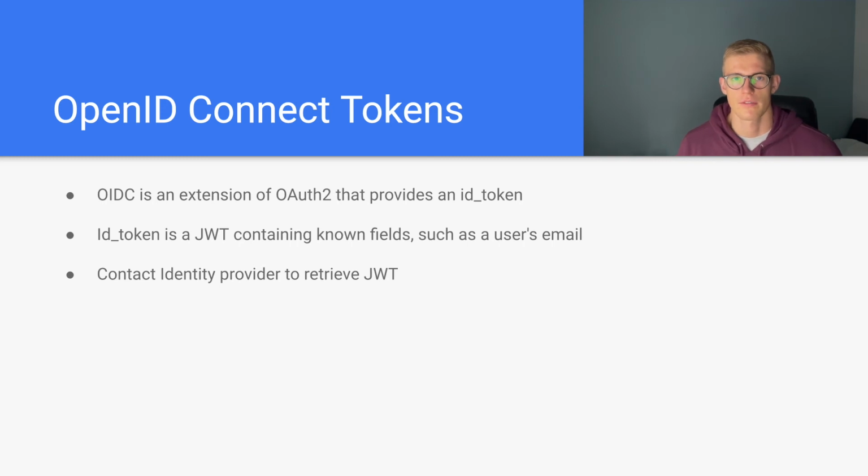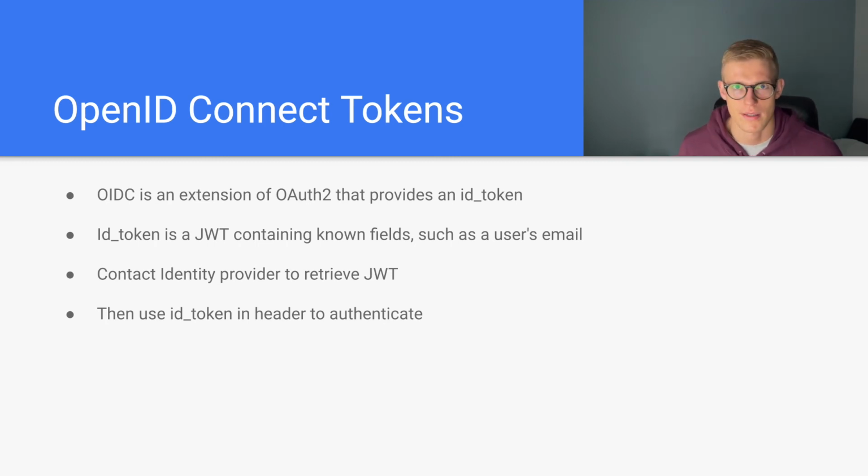So first of all, when you're using OpenID Connect tokens, you have to contact the identity provider to retrieve the JSON web token, and then use the ID token in the header to authenticate. So again, it's similarly structured to bearer tokens, where you pass the ID token in the header of the request that you are sending when you wish to authenticate.